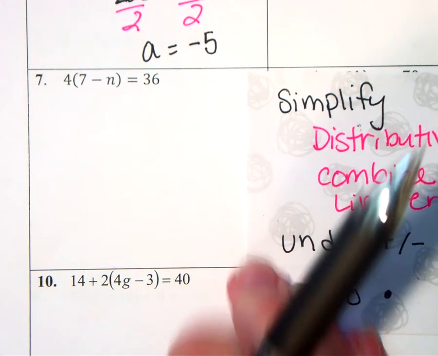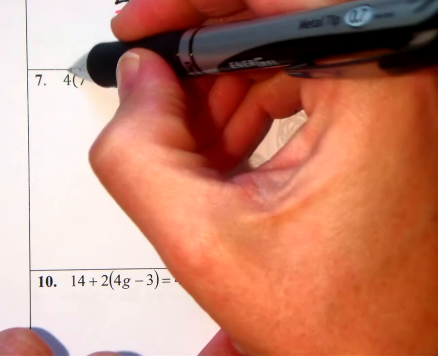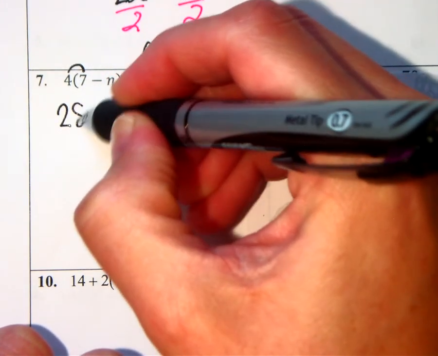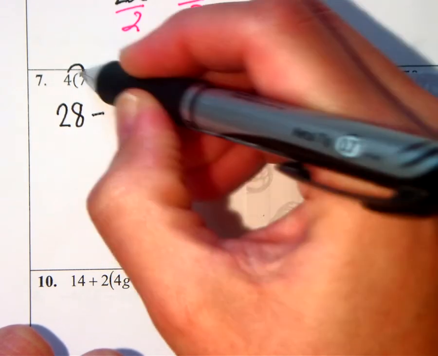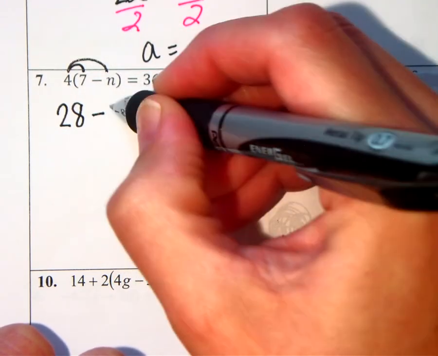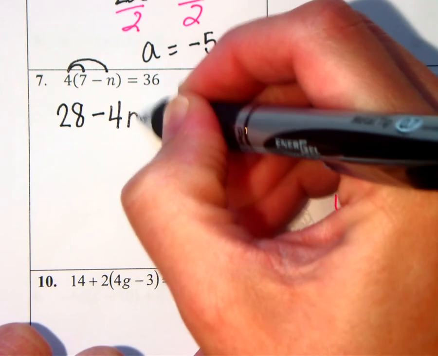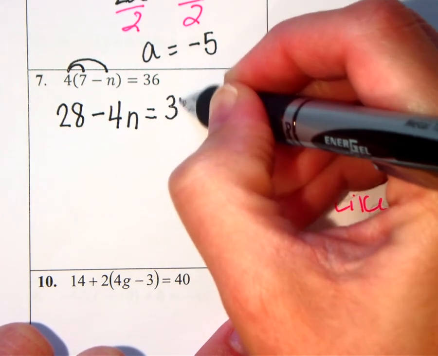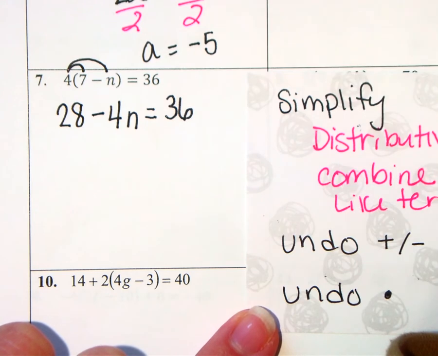So we're going to deal with that part first by doing 4 times 7 minus 4 times n. So this problem looked a little weird because the n wasn't in the front, but I still did it the same way. It didn't matter that the n was in the end of the parentheses, which really at the end of the day doesn't matter.